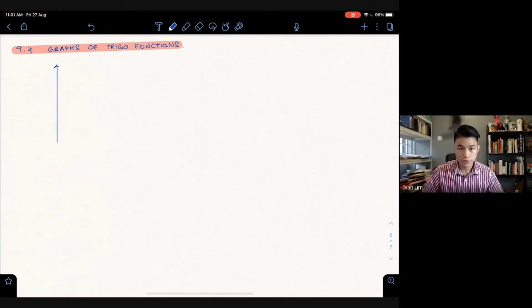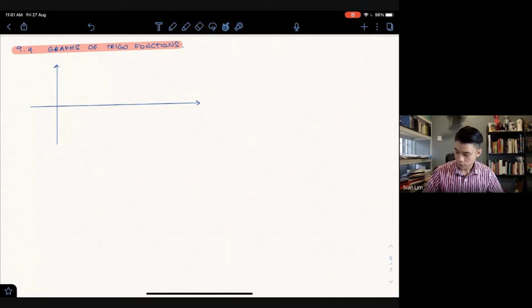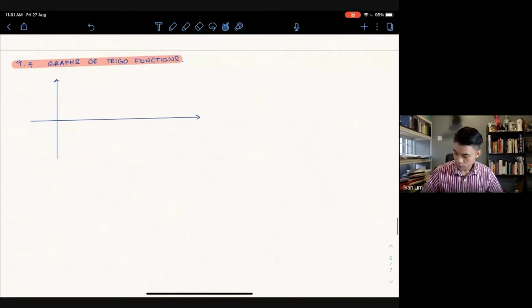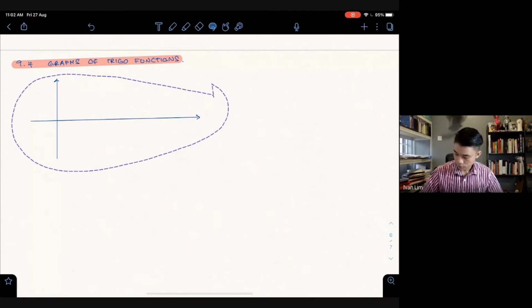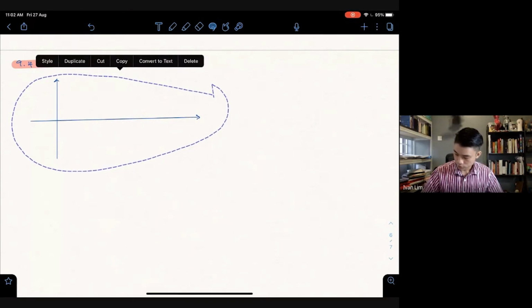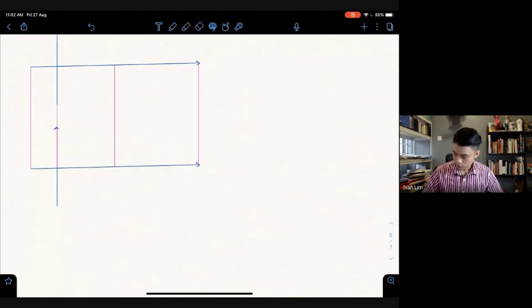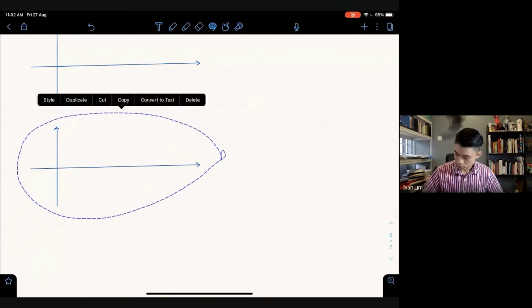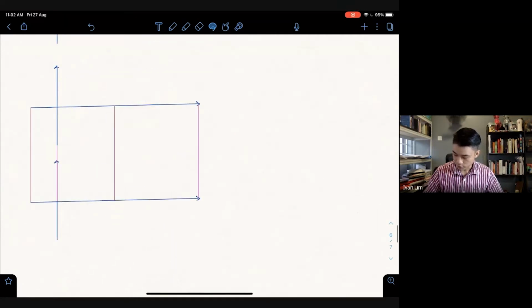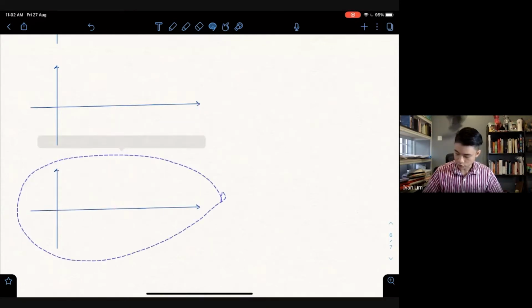Everyone take out an empty paper, draw an x and y axis. You might want 3 of them, because later we draw the tangent also.